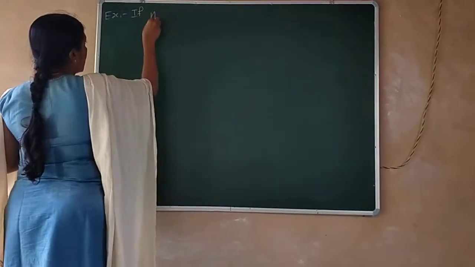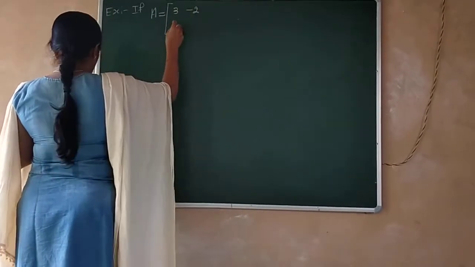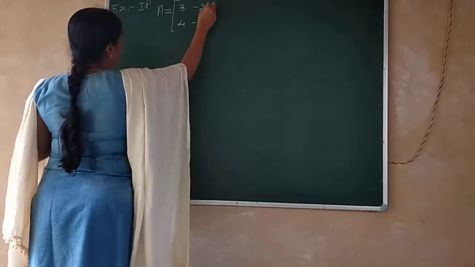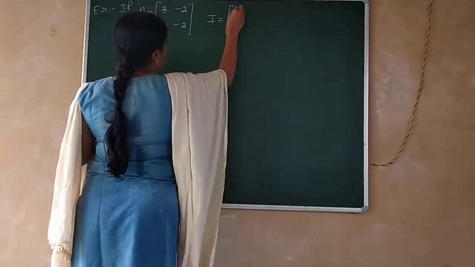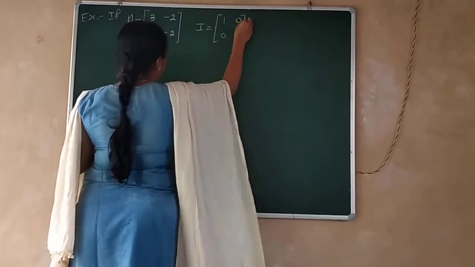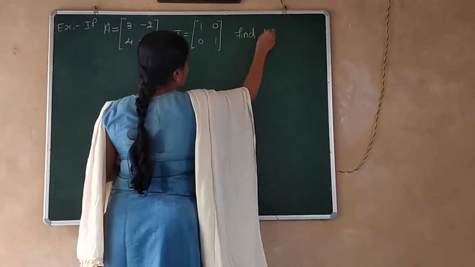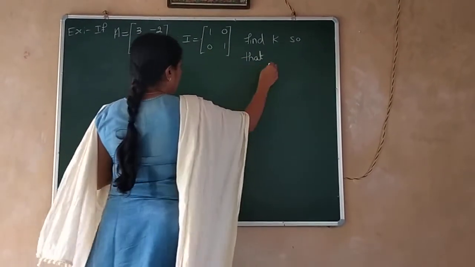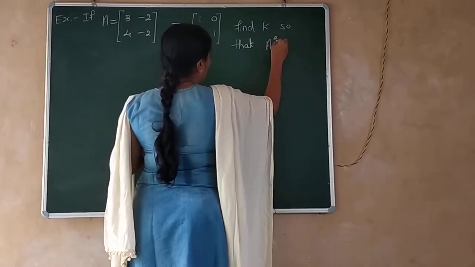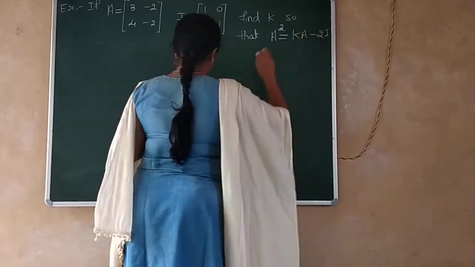If A is equal to 3 minus 2, 4 minus 2, and I is given, I is 1 0 0 1. The question: find K so that A square is equal to K into A minus 2I.